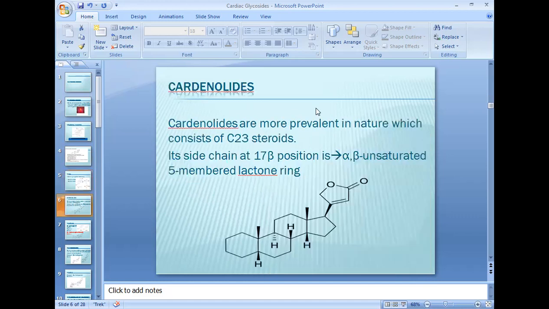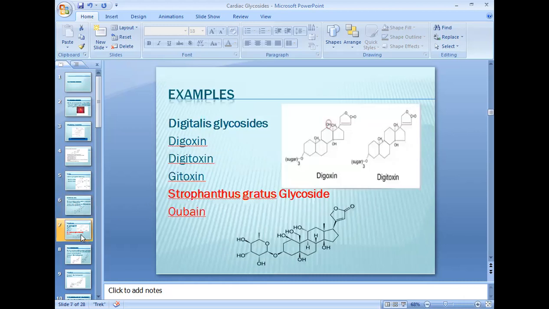So cardenolides are 23-carbon steroids, and they are the type of cardiac glycoside which is more prevalent in nature, with a 5-member unsaturated lactone ring at carbon 17. Let us see some of their examples.